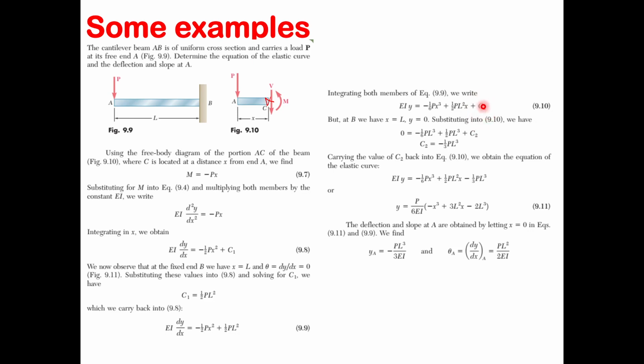To find the next constant, we go back here at x equals L. For a cantilever beam, there is no deflection. The deflection is 0. It's a fixed support. So y is 0, theta is 0. Both of them are 0, right? Plug that in. y is 0 at x equals L. Replace x's with L. And your C2 is going to be negative 1/3 PL to the third.